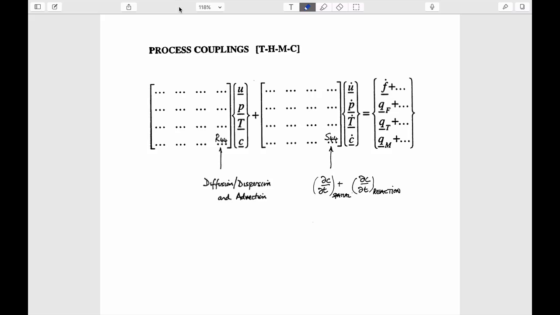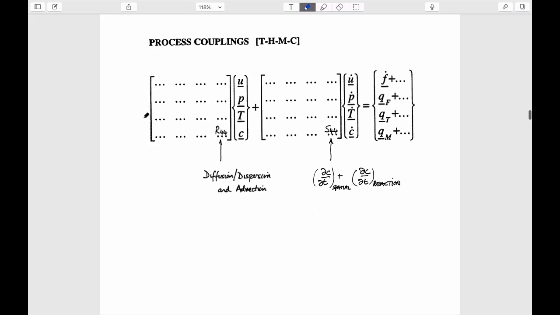And so the idea is that when we look at these systems, if we look at the fluid transport system that we've dealt with, then we've really looked at terms which would reside somewhere here, a storage matrix and a conductance matrix.